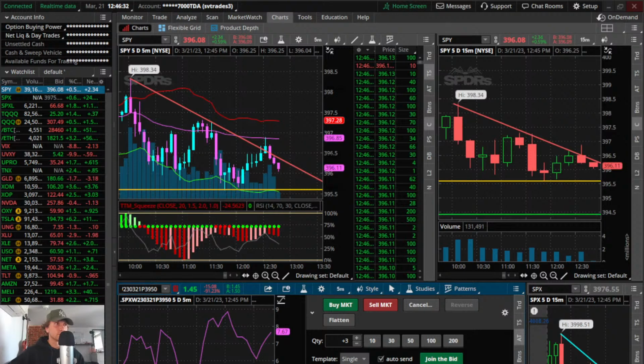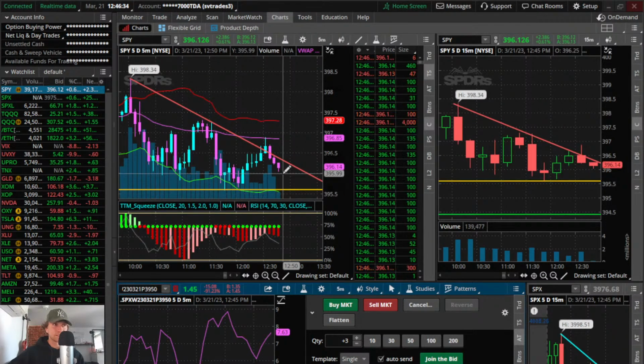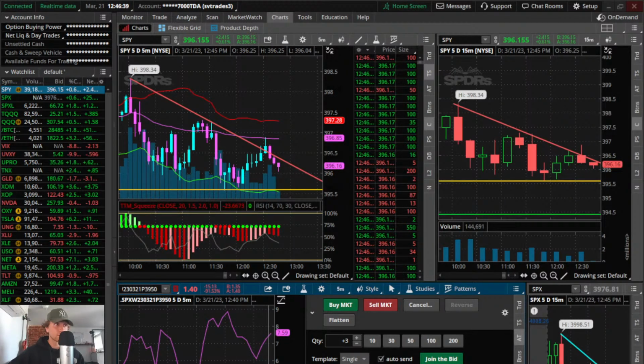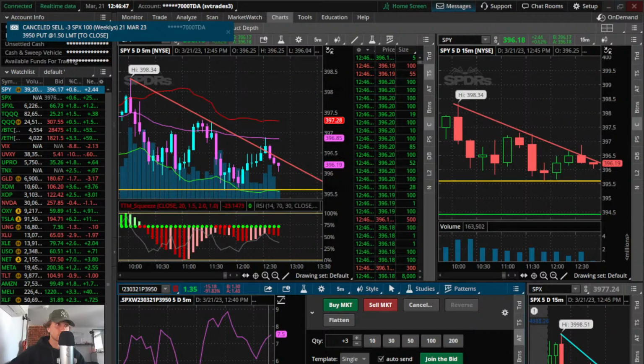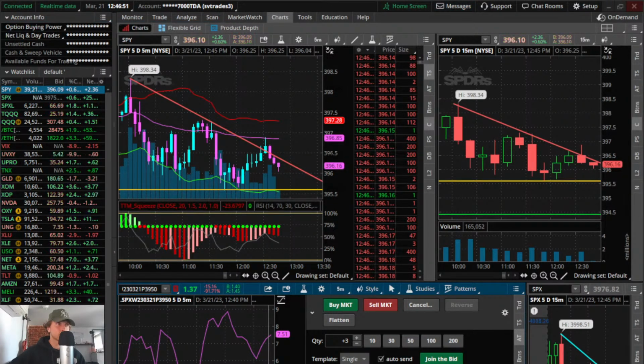So let's see if I can get out 150. Take some profits on the trade. It looks like there's some buyers at that 396. So it's a little scary for me, but now we're getting a little bit of greenery here. I don't want to see this stop me out. Come on, baby.